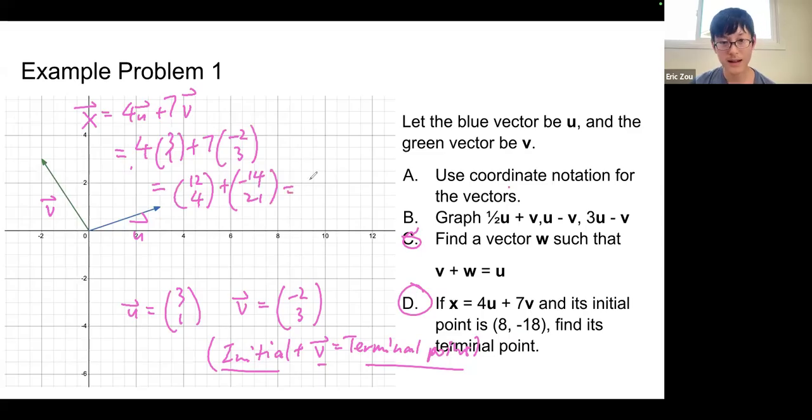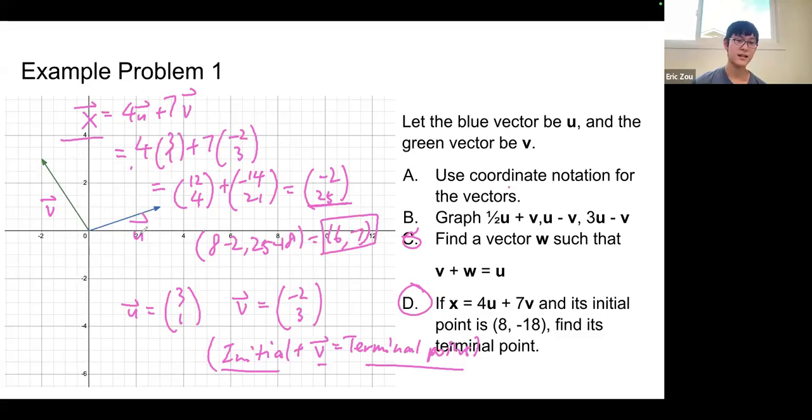So if you add all of these, this is -2, so it'll be 25. So vector x is -2, 25. So if we add them together, like 8, comma -18, and then we move it by -2, 25, the end will be 8 minus 2, 25 minus 18. And this is 6, 7. So your answer is 6, 7.